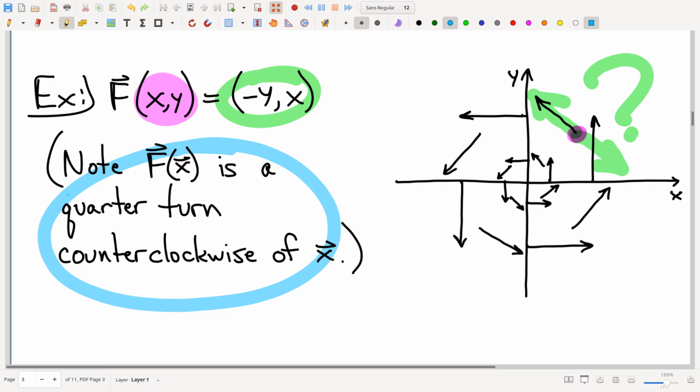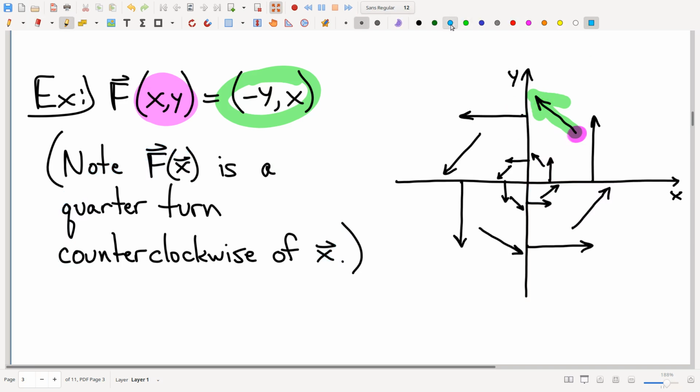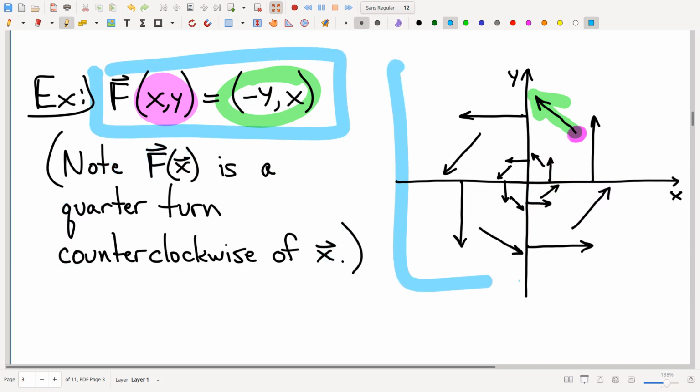And once you make that realization, then now we know that it's this green vector right here. So for every point, you can think of this field vector as starting with the position vector and then rotating counterclockwise, and that gives you this. Okay. All right, so the result then is this vector field has this picture right here.